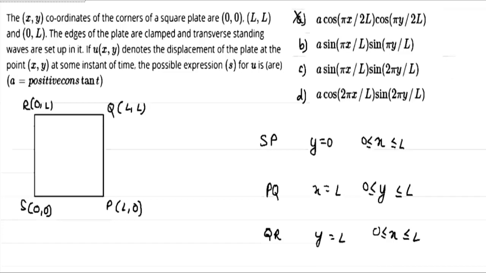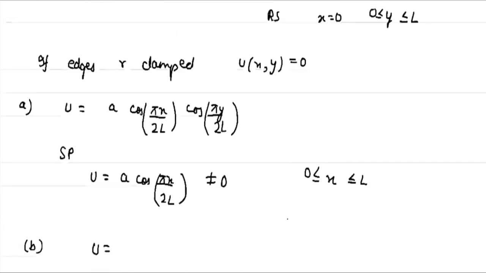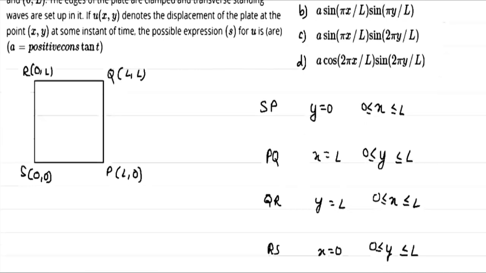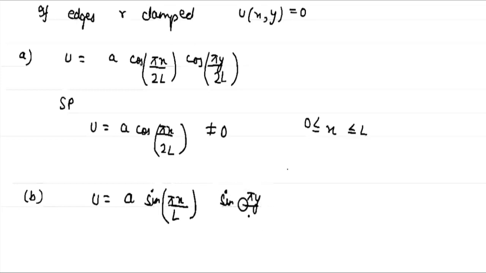Similarly, we check our B option. In the B option, u is given as A sine(pi x over L) sine(pi y over L).